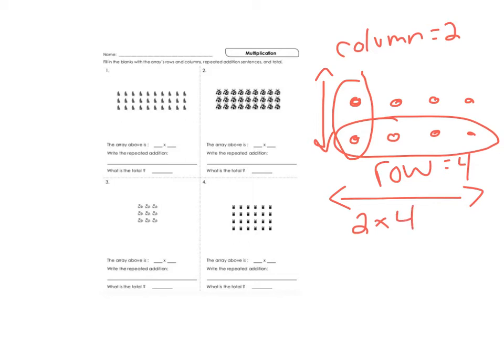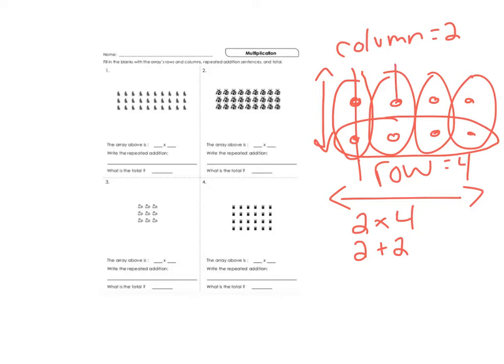And if I want to write it with repeated addition, I would say, okay, I've got groups of 2. How many groups of 2? 1 group, 2 groups, 3 groups, 4 groups, 4 groups of 2. So that would be 2 plus 2 plus 2 plus 2.